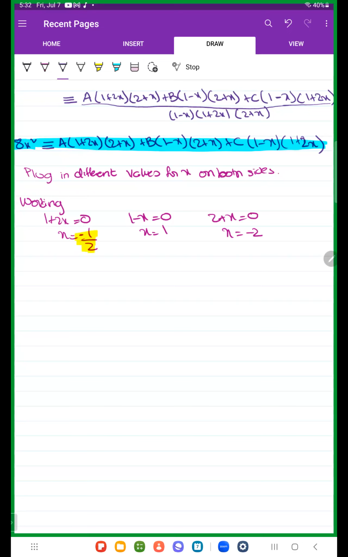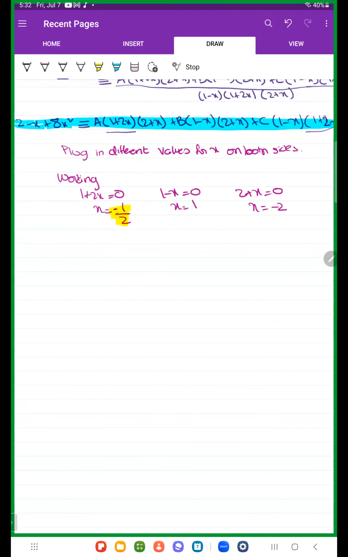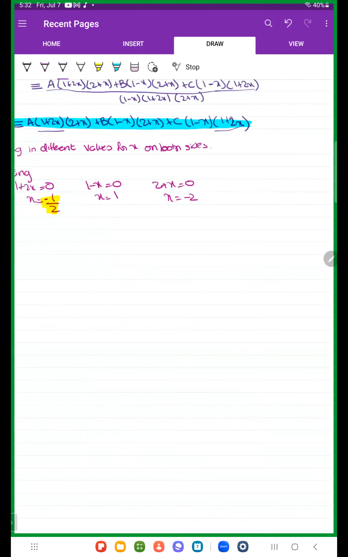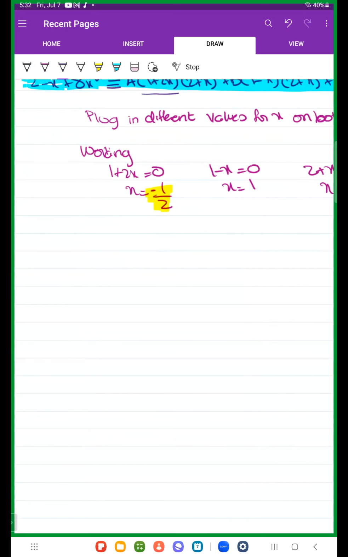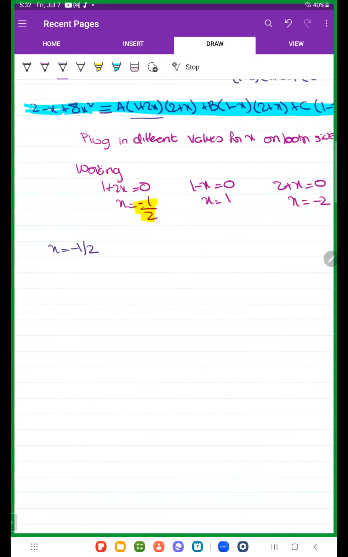This bracket and this bracket will become 0. So I will now plug in x as minus half on both sides. The idea is to make one of the brackets 0 so you can find the term.